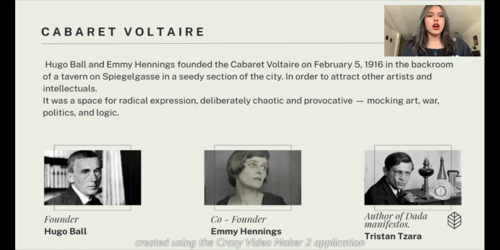In that place, artists could give music performances or just read the daily news. And the first event was in July of that same year.